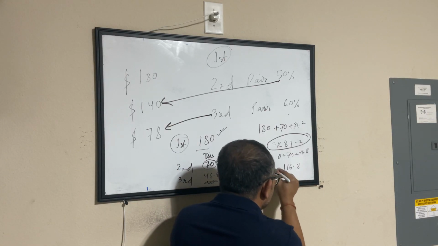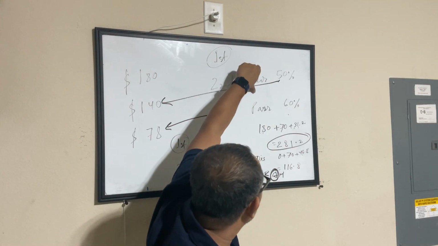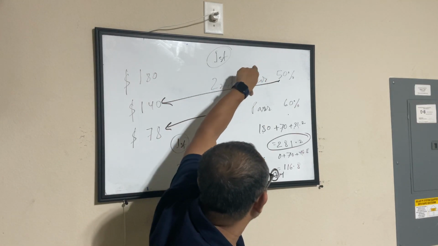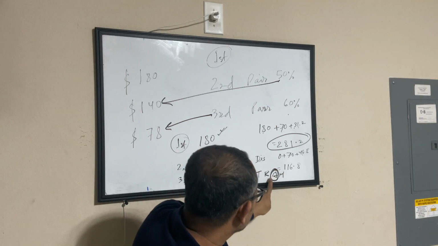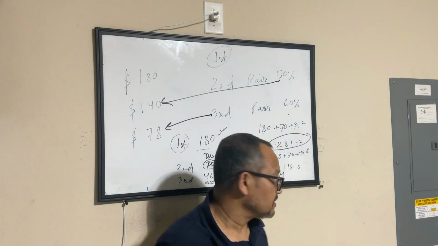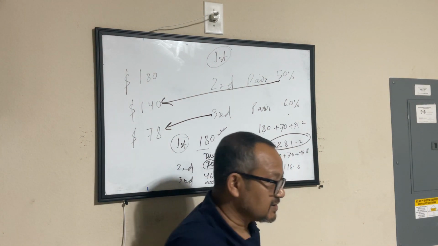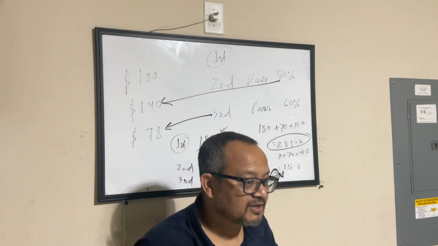This part is your brain. If you are clear with your approach that I'm going to apply discount only here and here, for the second and third pair, this analysis part is very important. That is where you can go wrong.